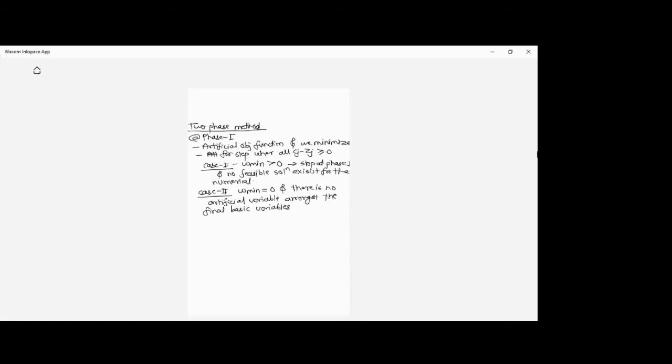So in this case, the optimal or the feasible solution exists, and then we are going to continue with phase 2, right?